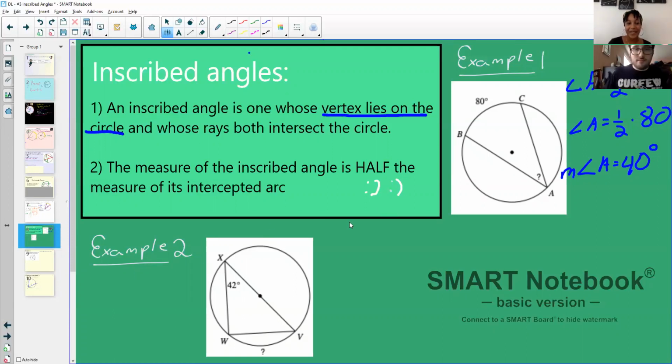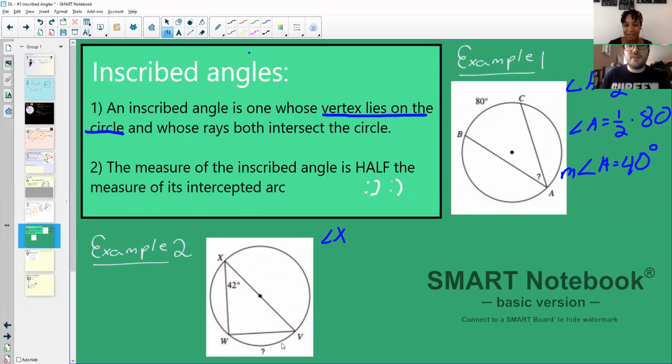All right, the second question is kind of the reverse. So they gave us the angle, and now they want us to find the intercepted arc, or the measure of that arc. So we know that the relationship between, actually, what type of angle is this? Is this inscribed or central, and how do you know?